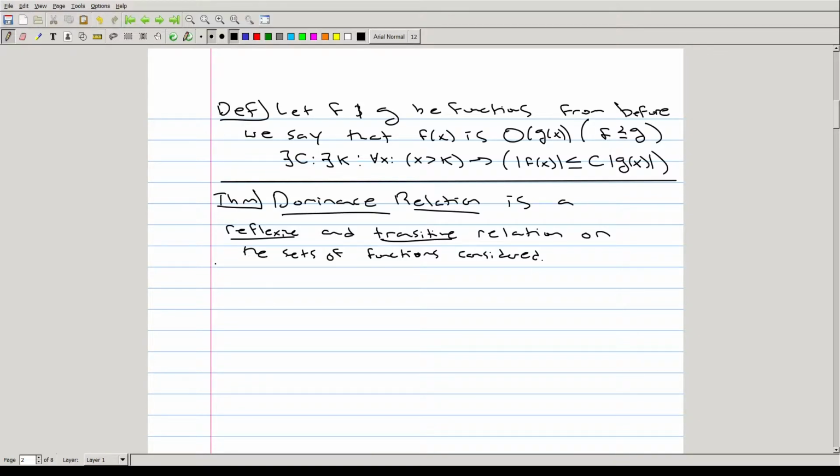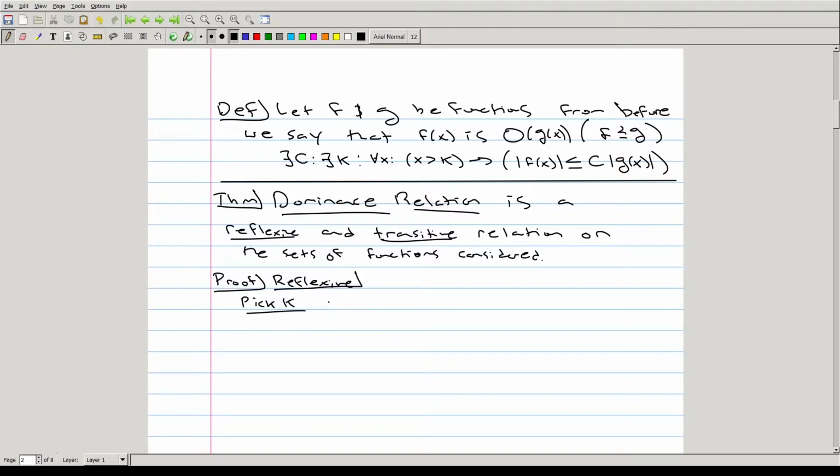So the proof of this theorem is relatively straightforward. By now we know very well the properties of reflexivity, transitivity, and symmetry. We only have transitive and reflexive for the dominance relation, but the idea is that you can actually pick any k to show reflexivity in the domain of definition of the function.